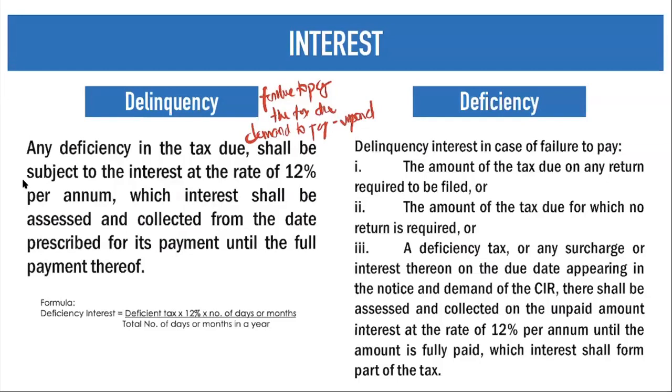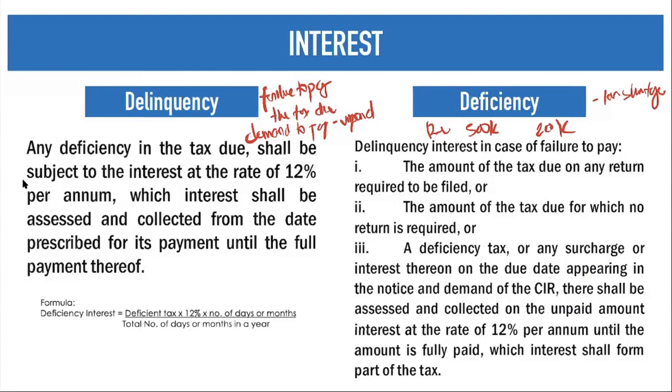How about a tax deficiency? It pertains to a tax shortage. When we say tax shortage, for example, your due is 500,000, you only paid 200,000. So what you paid was short, it was deficient. Remember the reasons why the BIR makes an assessment: you did not pay, did not file, or your final was short.